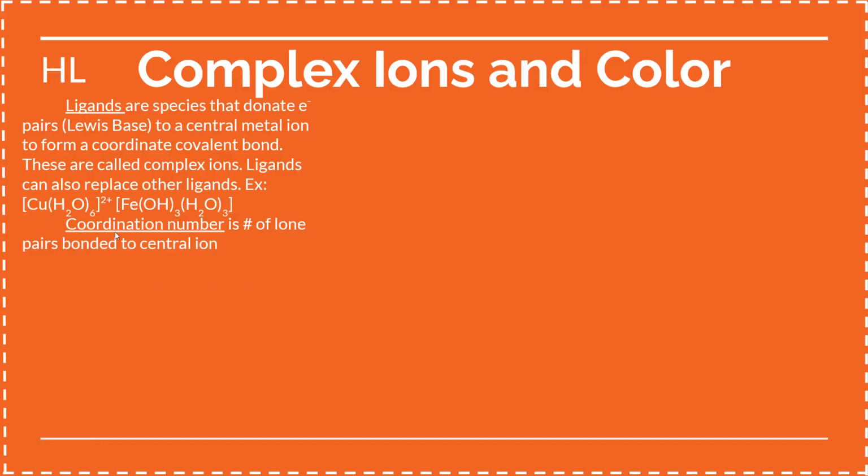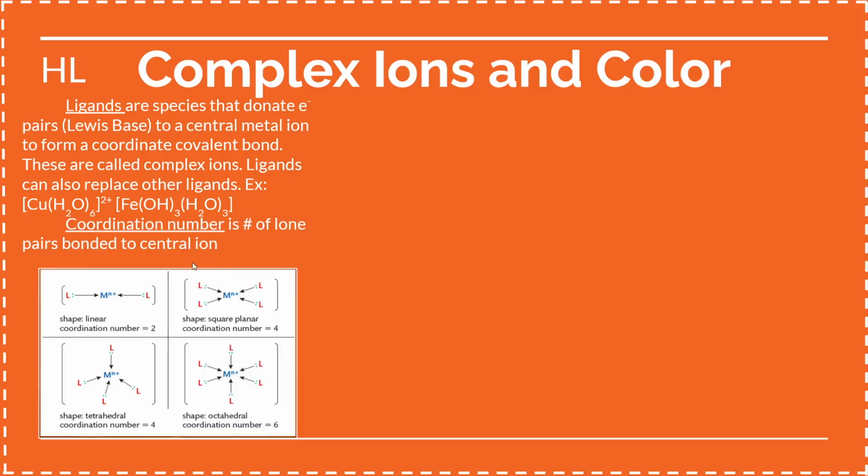So a coordination number is the number of lone pairs bonded to a central ion. So if you're ever asked to describe the coordination number for copper in this, you'd say it's 6.